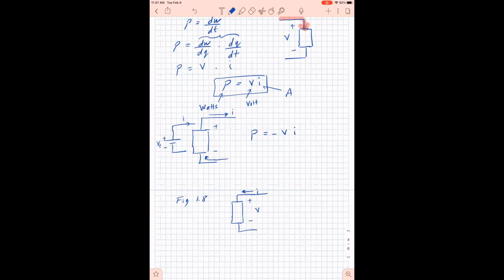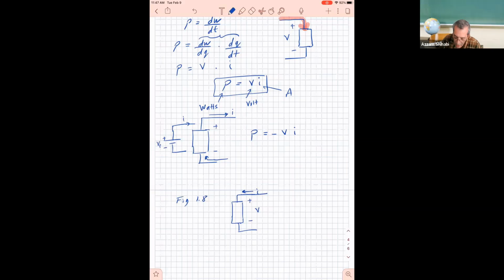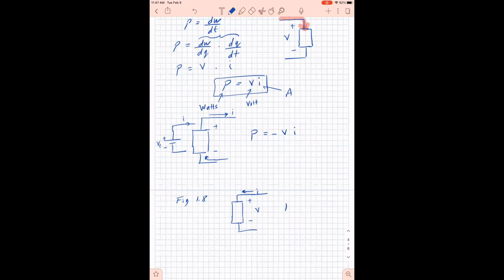Is that correct? No, don't worry about the flow of electrons anymore. Just focus on the direction of the current in the circuit. The direction of the current is going into the element from the positive, from the higher voltage, the positive terminal of the element. So the power is going to be V times I.